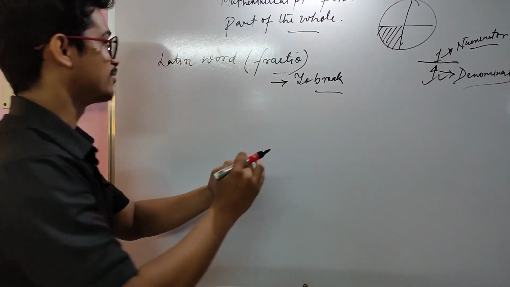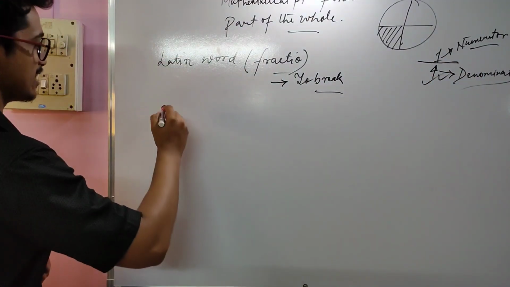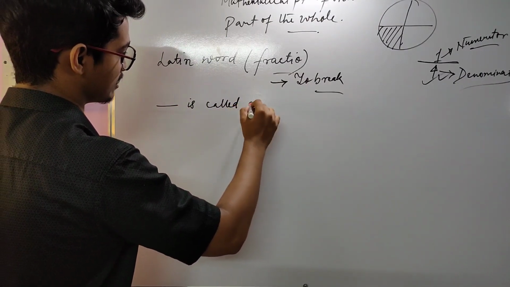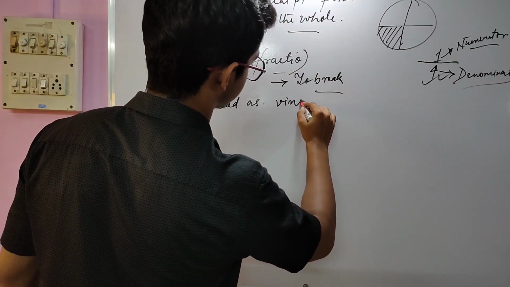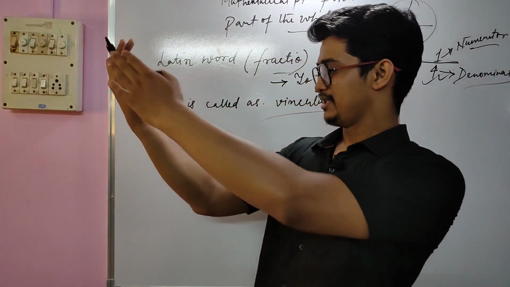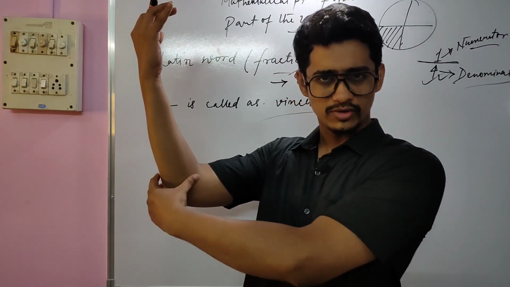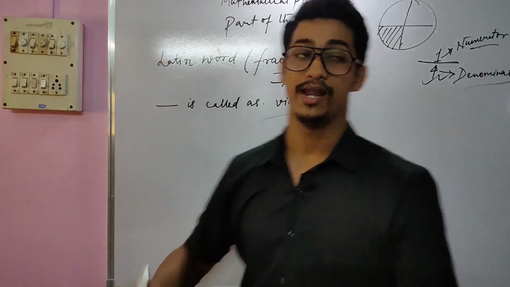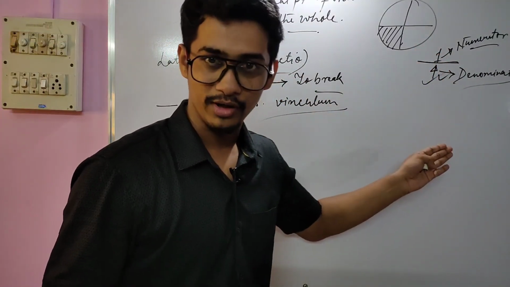But there is one name specially appointed for this particular line, and let me just tell you that line is called as vinculum. Vinculum is nothing but this separation. This whole hand is divided under this joint. Basically, because of this joint, the whole hand is divided into 2 parts, right? So this part is called as vinculum, which is acting like the same for 1 and 4, right?